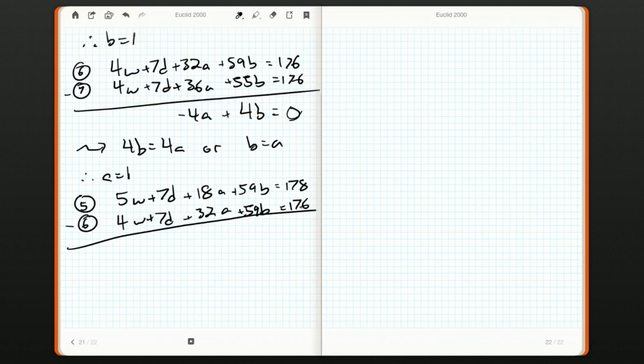So when I subtract these, we get a single W, we get 0 Ds, and we get 18 minus 32, so that's going to be negative 14A, 0 Bs, and that's all equal to 2.